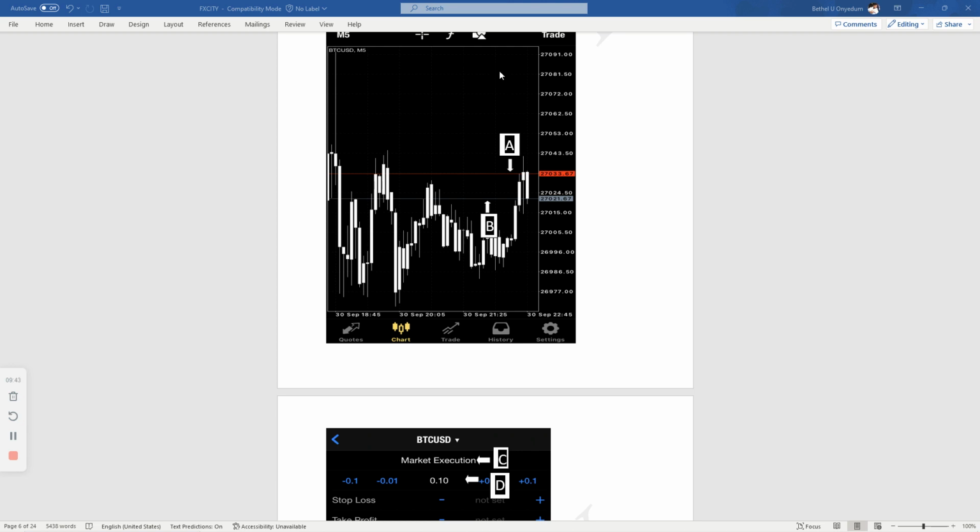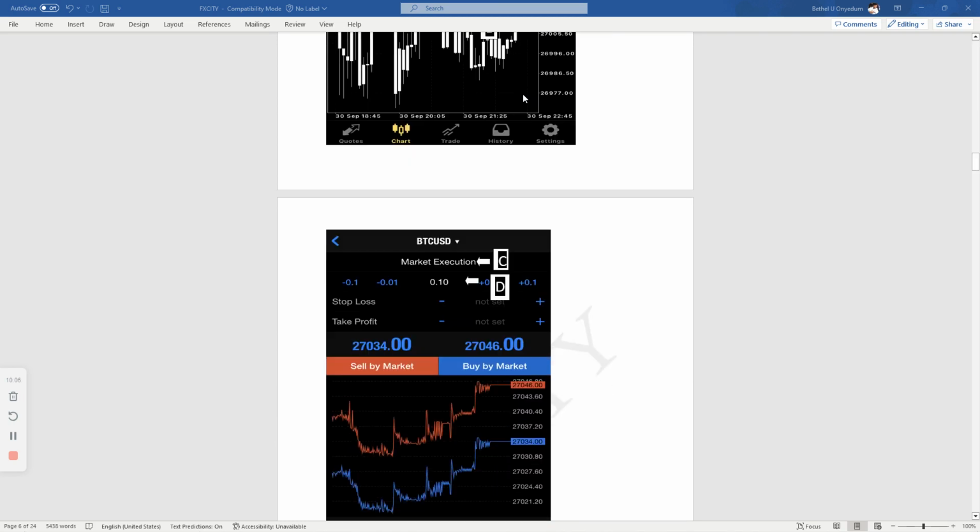If this red line is up here, your buy will open at this point. So you'll be in a loss of this whole price, a very big loss. Until price goes up to the point where they filled you in, you'll not be in profit. Until price gets there, you'll be in loss.